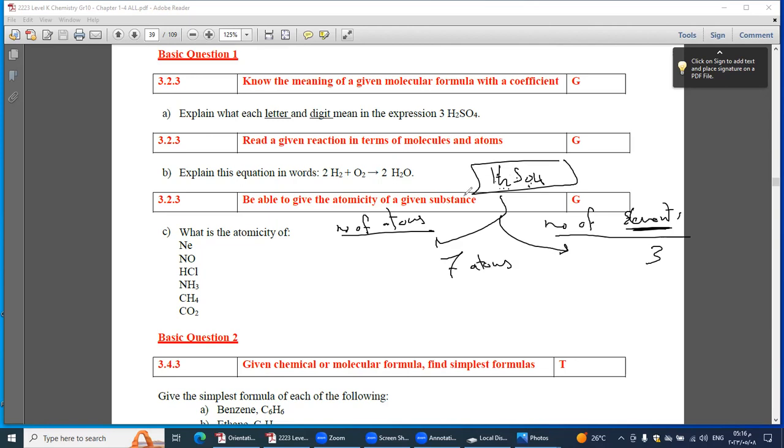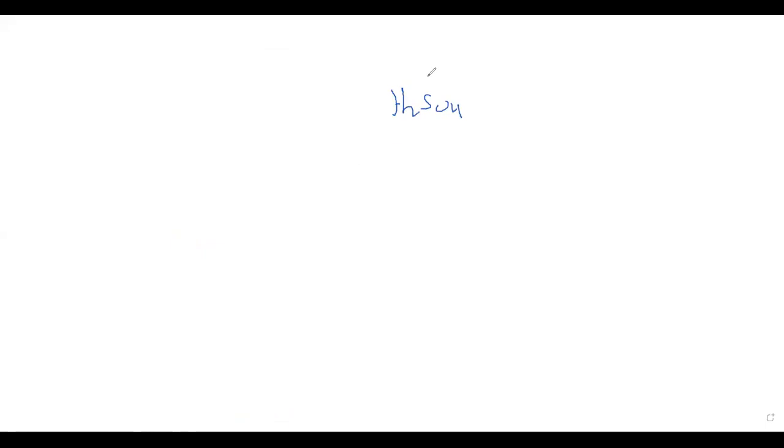So again, in H2SO4, how many atoms and how many elements?